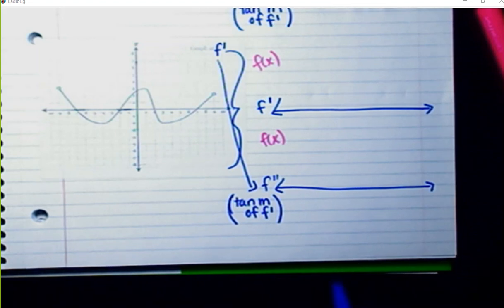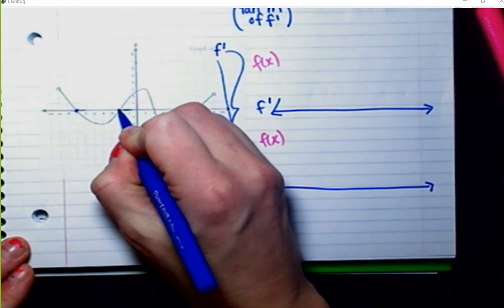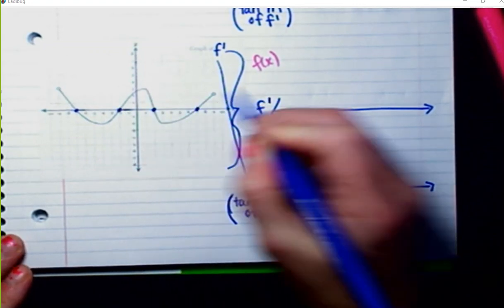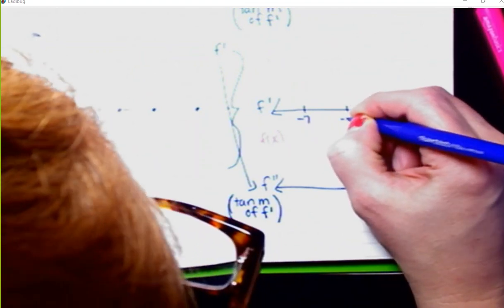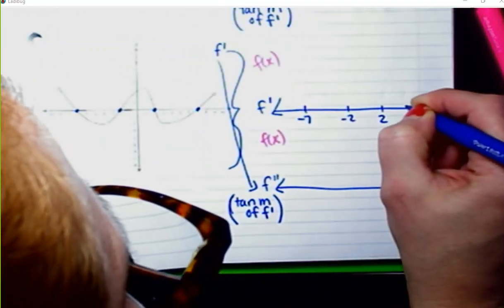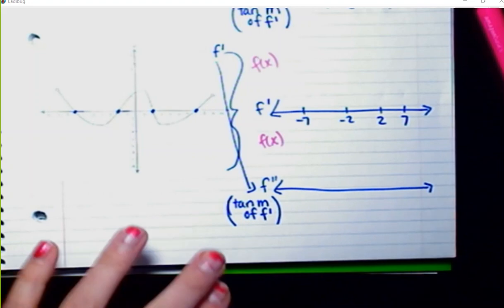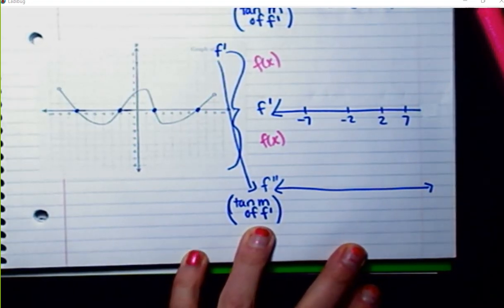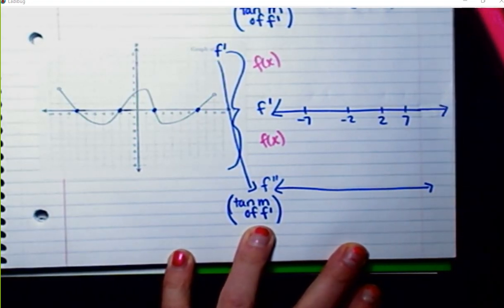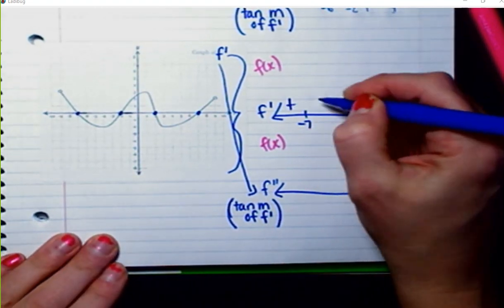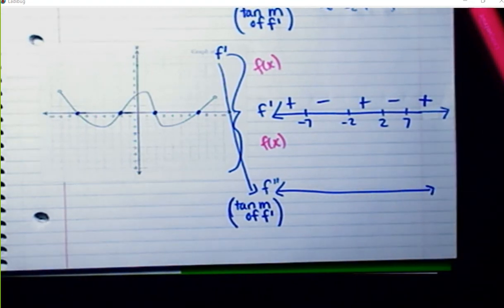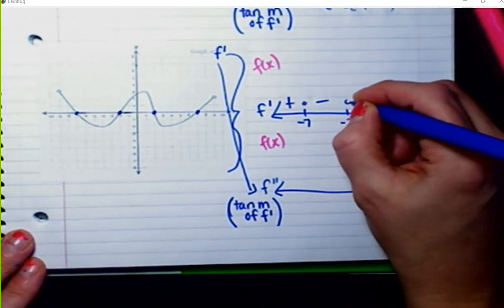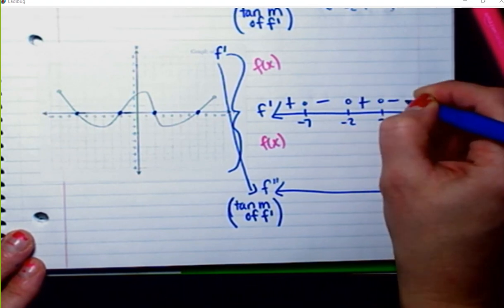Okay, here we go. So -7, -2, 2, 7. I'll make my number line longer. Positive, negative, positive, negative, positive. 1, 2, 3, 4.